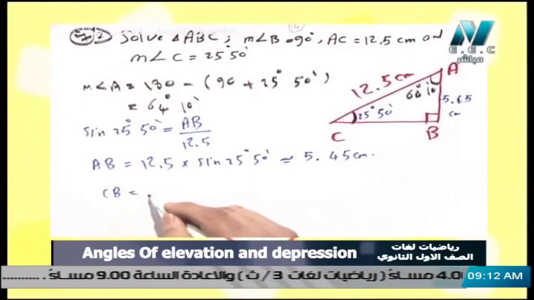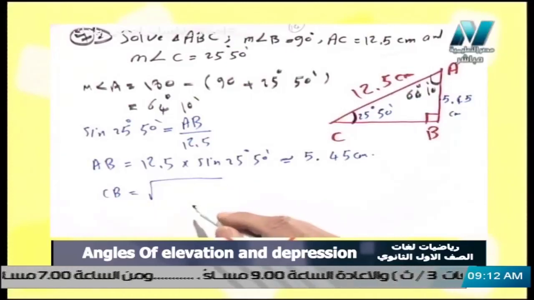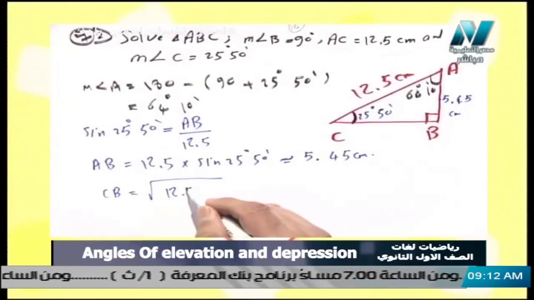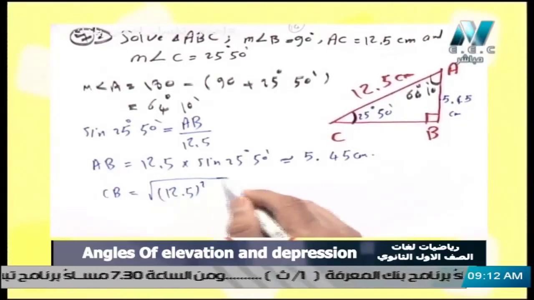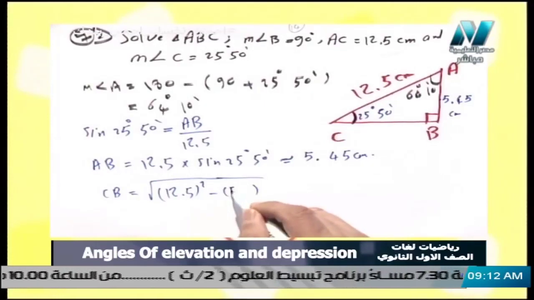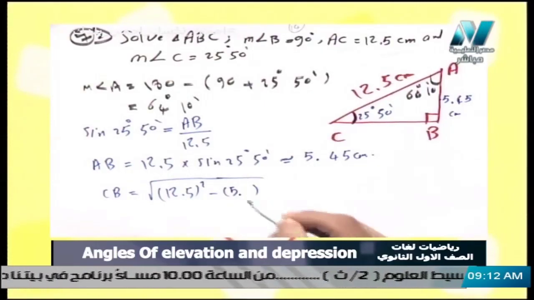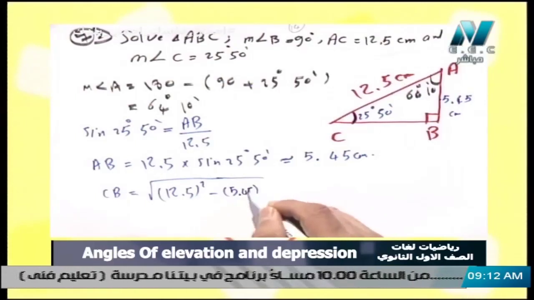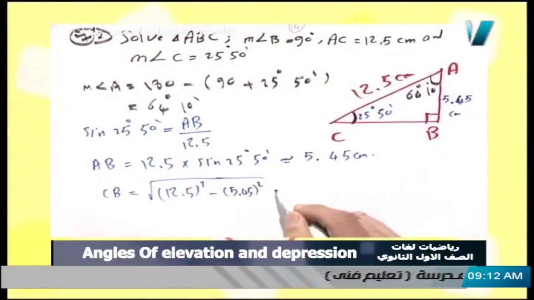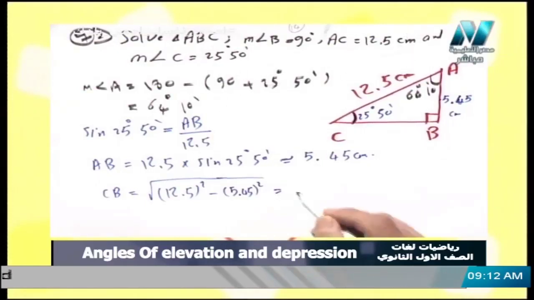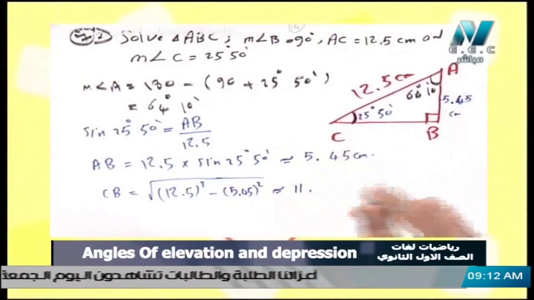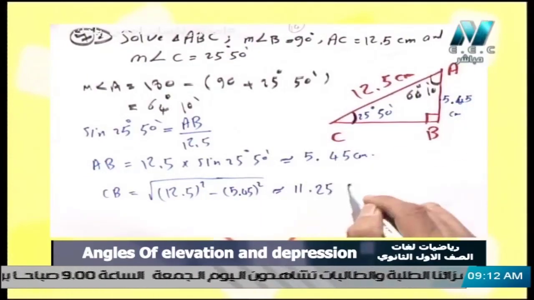CB equals the square root of the hypotenuse power 2, which is 12.5 power 2, minus 5.45 power 2, and CB will be approximately 11.25 centimeters.